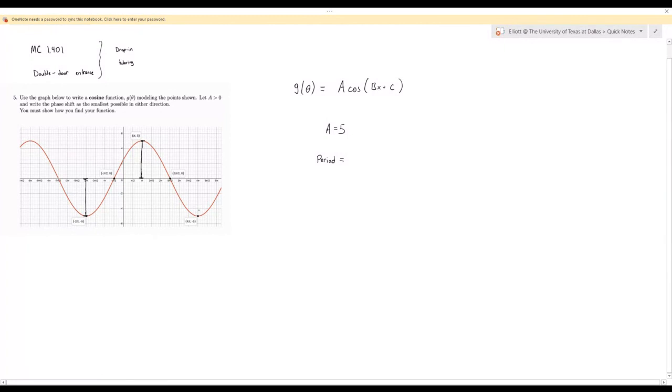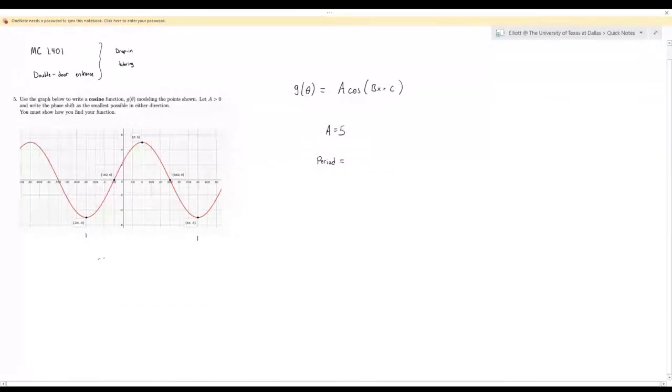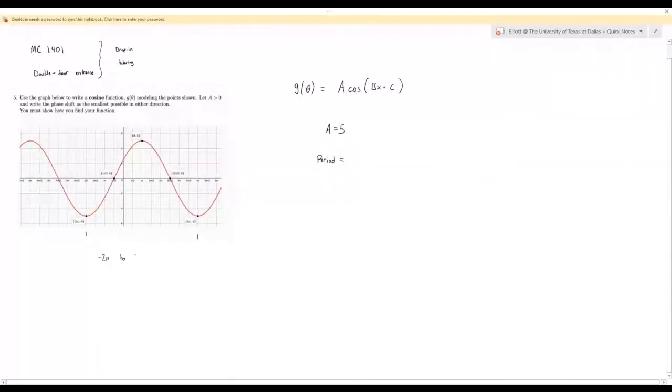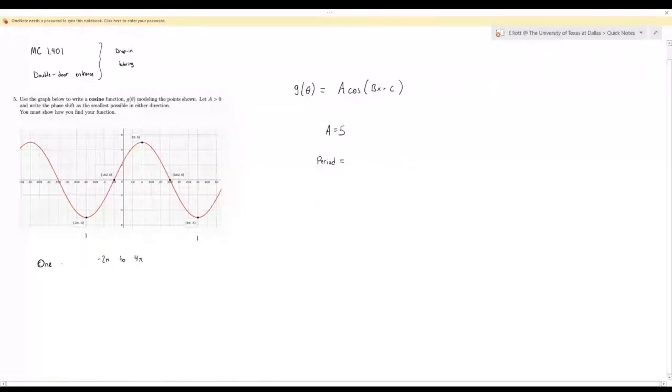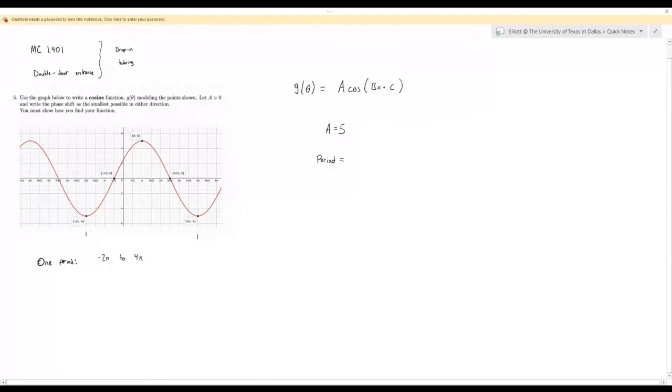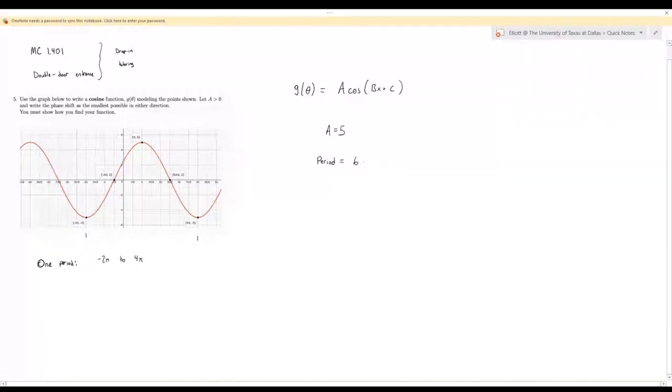If I look at the distance between these two low points, we go from negative 2 pi for the first low point all the way to 4 pi. So that's one full period from negative 2 pi to 4 pi. The total length of this period is 2 pi plus 4 pi, for a total of 6 pi.